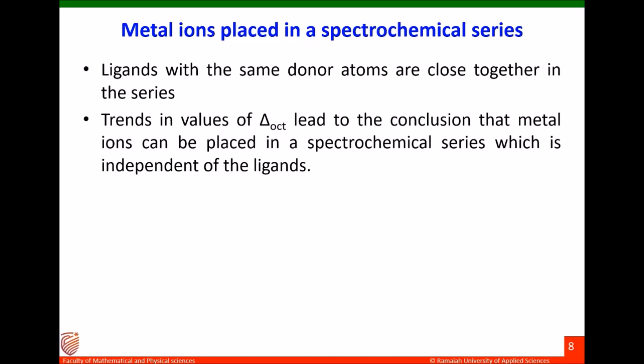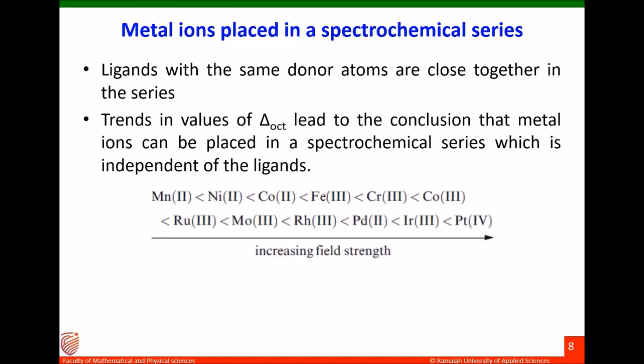The metal ion also influences the ligand field strength, and irrespective of the nature of the ligand, the crystal field strength increases for the metal ions in this order: manganese 2+, nickel 2+, cobalt 2+, Fe 3+, chromium 3+. In this order, the field strength of the coordination complexes involving these metal ions increases, irrespective of the nature of the ligands.